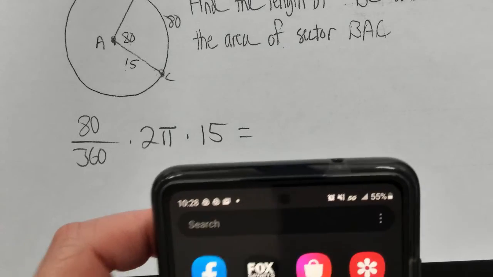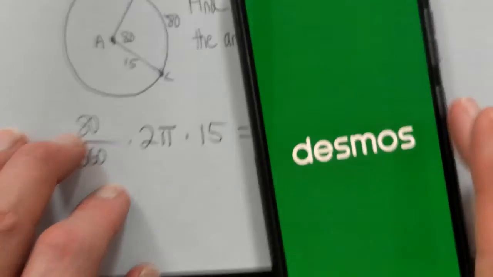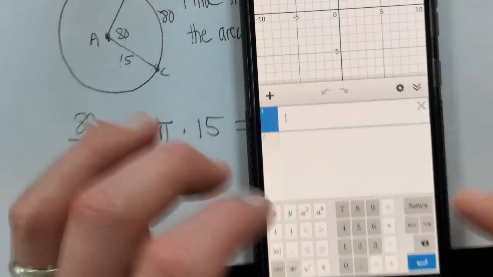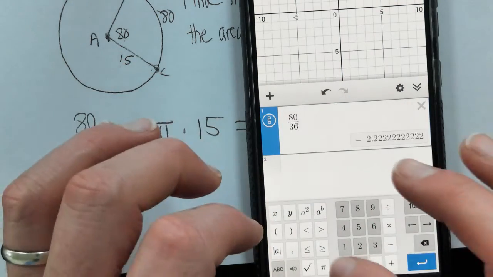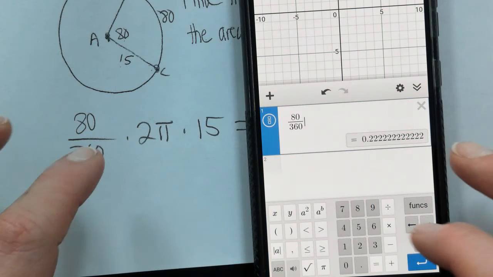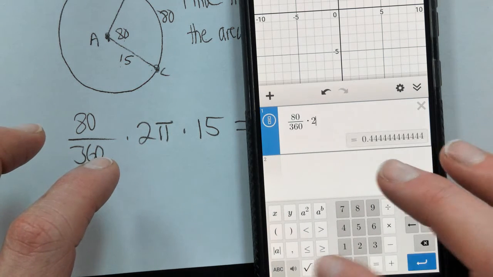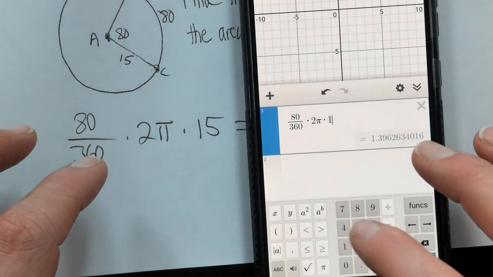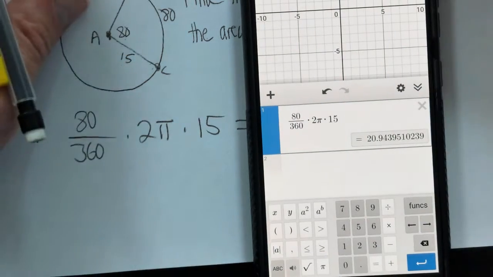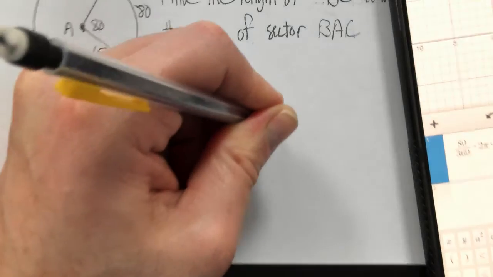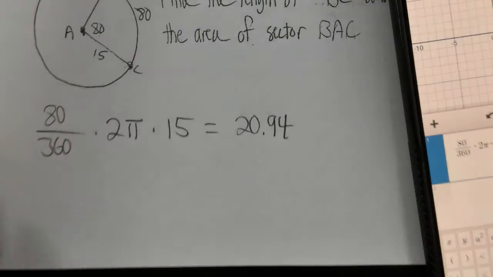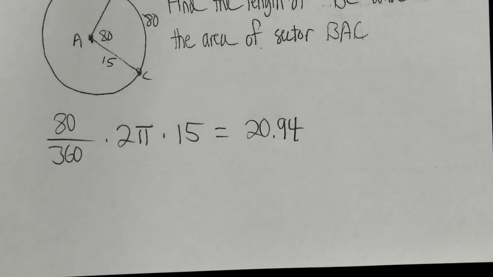So if I go 80 over 360 times 2 pi times 15, there's your answer, 20.94. And so that would be the length of arc BC.